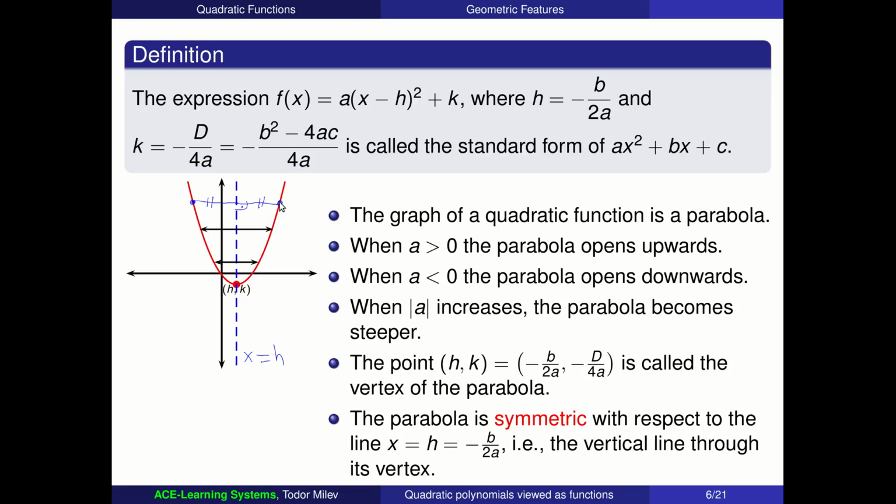So once again, if I start on the graph of the function, I drop a perpendicular to the line, go on the other side, marking the same distance as on the right hand side, then I still obtain a point on the same graph, the same function.